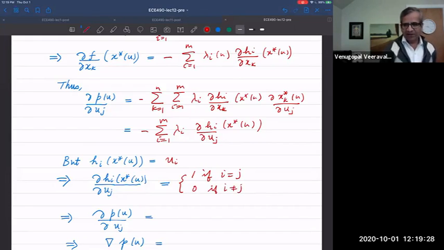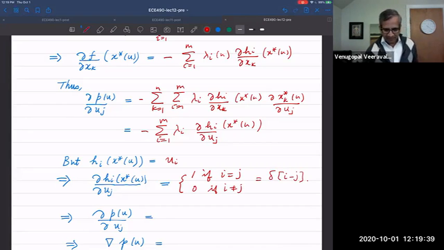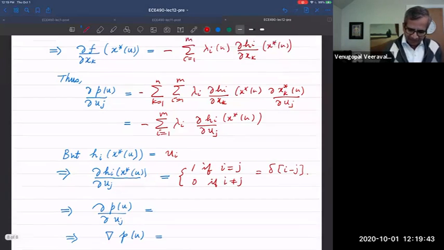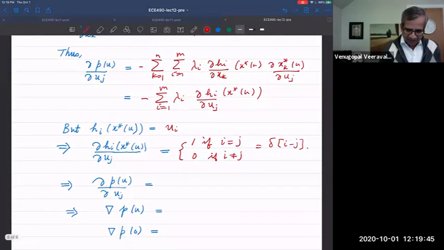So it's a delta function essentially, which can also be written as delta of i minus j, a delta on integers.